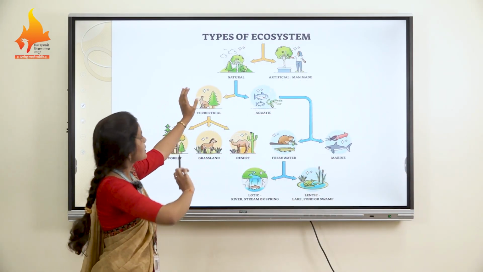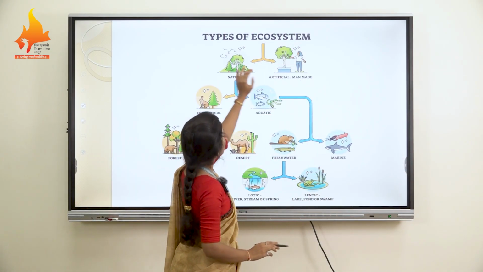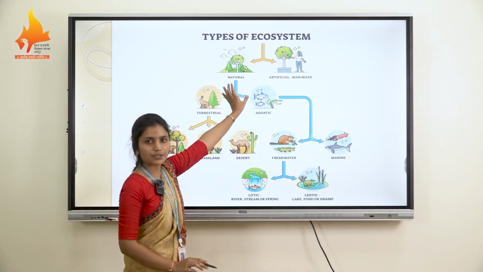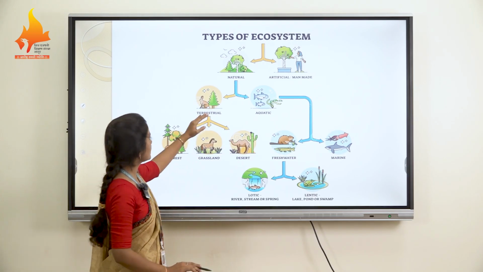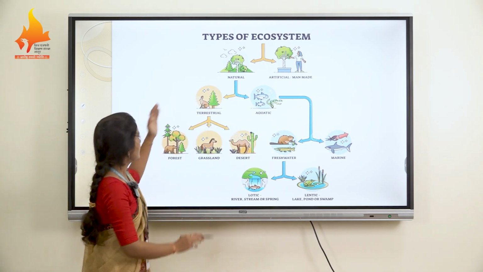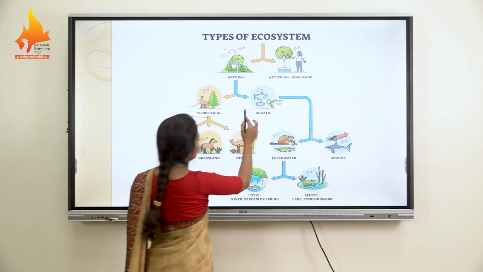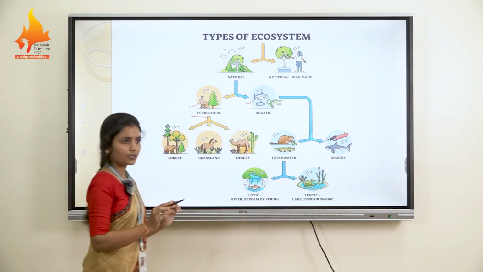The types of ecosystem are mainly two, natural and artificial. The natural ecosystem is again divided into two types, terrestrial and aquatic. The terrestrial ecosystem is found on land, and the aquatic ecosystem is found in water.